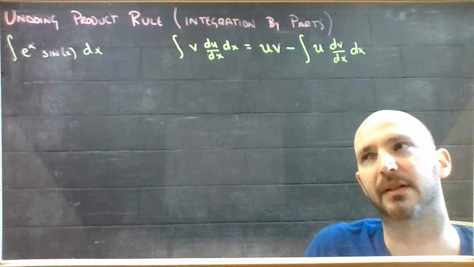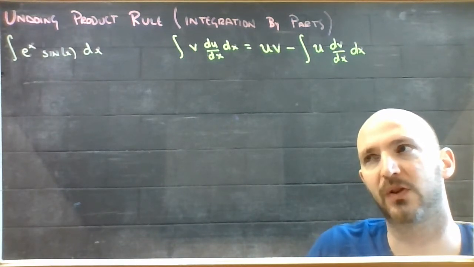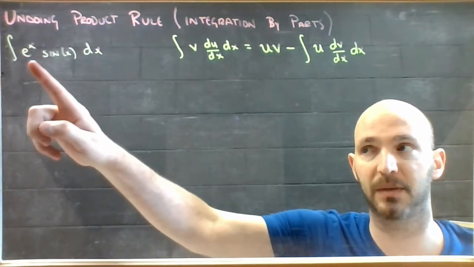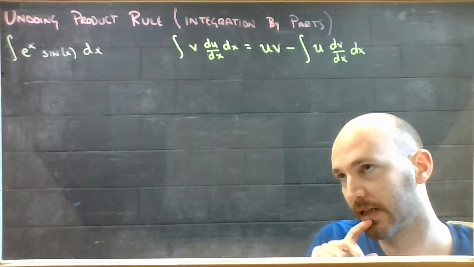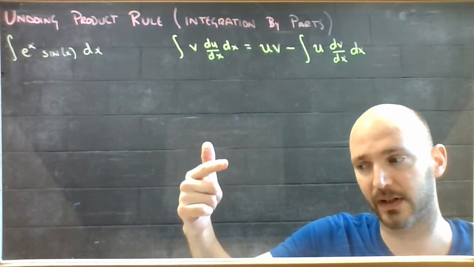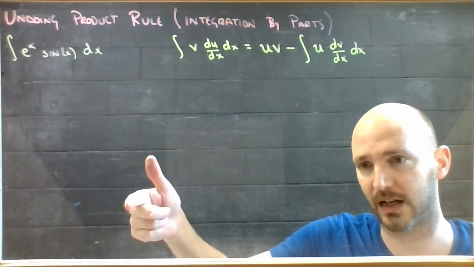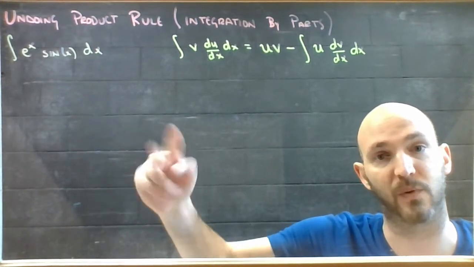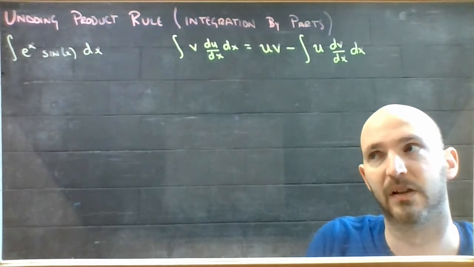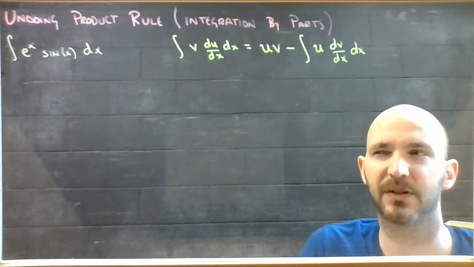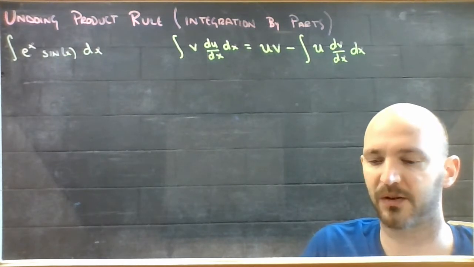Well, this one's a bit weird, because if you keep taking the derivative of e to the x, you get e to the x. So I'm not going to be able to grind that away. And if I take the derivative of sine, I get cos. And if I take the derivative of cos, I get sine. In each iteration, this is just going to flip back and forth between sine and cosine. So I'm not going to be able to grind either of these away. So I just have to make some smart choices.